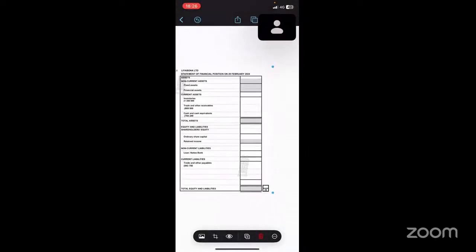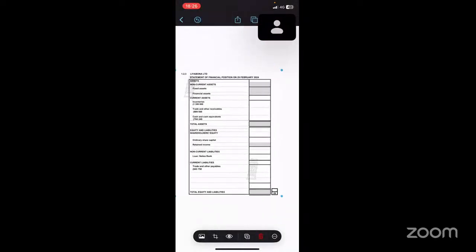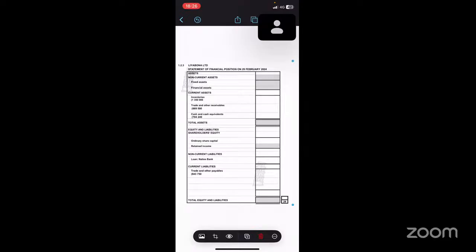Let me share my screen back and we will start with this question. So this is it. The top part, we're going to be working with assets and then equities and liabilities, right? As I said, we start with non-current assets.